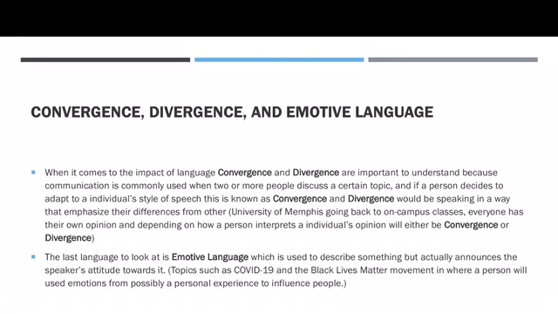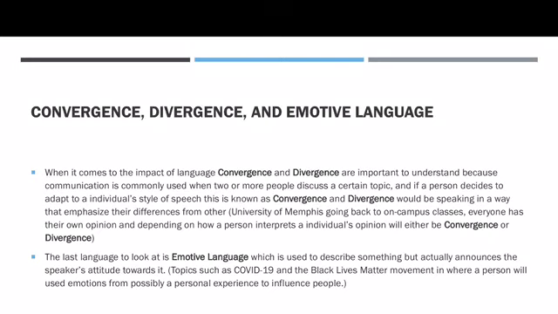The last language that I will be talking about is emotive language, which is used to describe something, but it actually announces the speaker's attitude towards it. Some of the main topics that we've seen on the news and that have been going around the world are, of course, COVID-19 and also the Black Lives Matter movement.